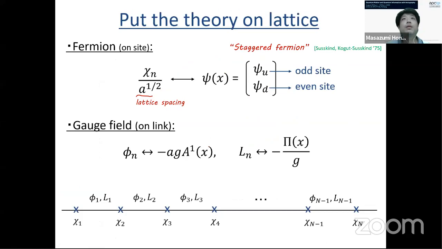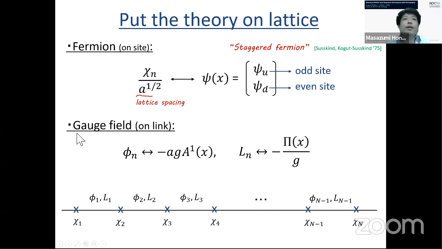Okay. So now let's go to numerical simulation. We put the theory on a lattice, and among many types of lattice fermions, we use staggered fermions. In the staggered fermion formalism, we put the upper component on odd sites and the lower component on even sites.